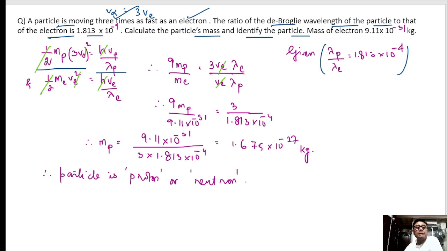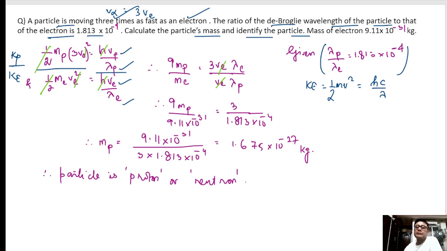So this is the kinetic energy of the proton and the kinetic energy of the electron, equal to hc by lambda P, hc by lambda E, because kinetic energy is half mv square, and it is also equal to hc by lambda.